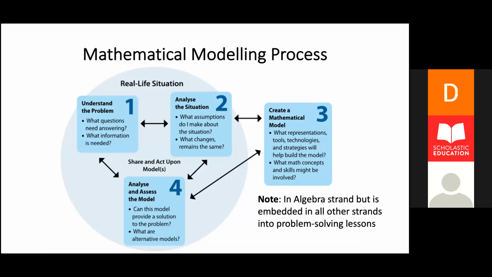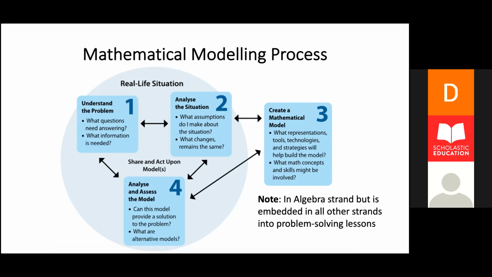You'll notice that there are 4 components in it, but they are not to be done in recipe order, number 1, number 2, number 3, number 4. The whole idea of the mathematical modeling process is we approach it as a whole. And what we're doing is moving freely and fluidly as we need to, back and forth among the 4 key components. In other words, it's very iterative.